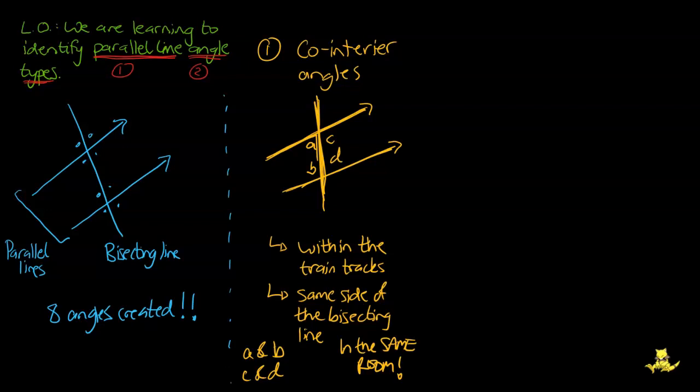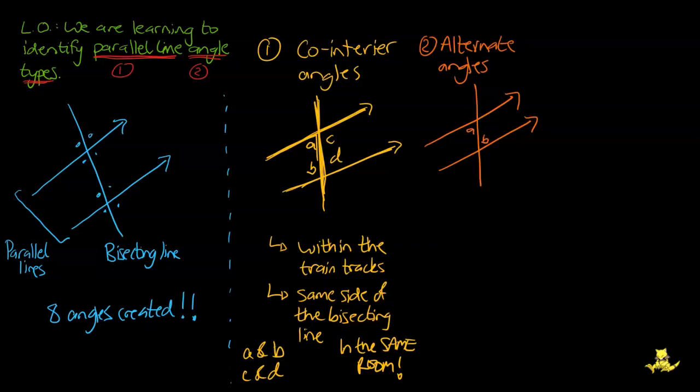So the second angle property we need to be aware of is something called alternate. Oh, I spelt that poorly. Let's do that. That was meant to be RN. So alternate angles. And again, I'll give us an example. So there's our set of parallel lines. There's our bisecting line. And if we have a look, A and B, they would be an example of alternate angles.